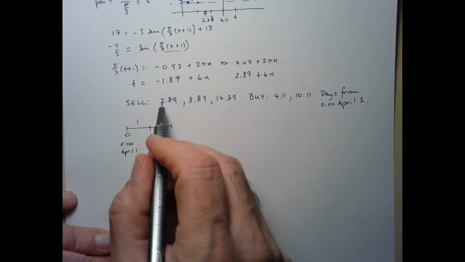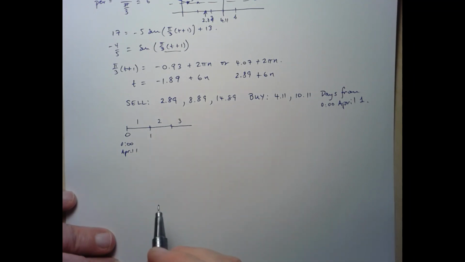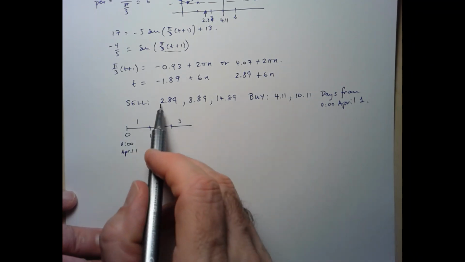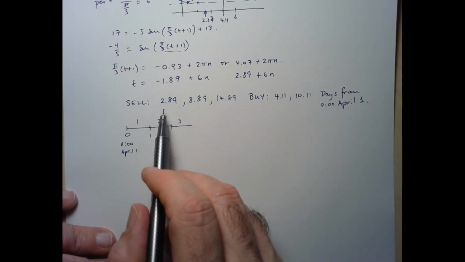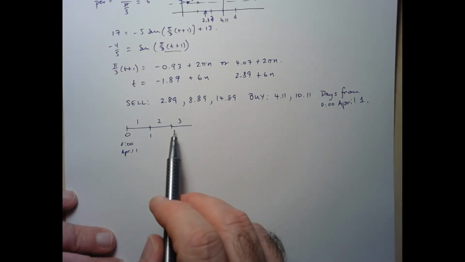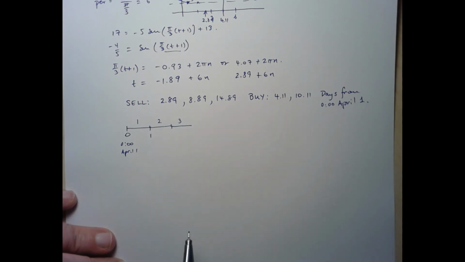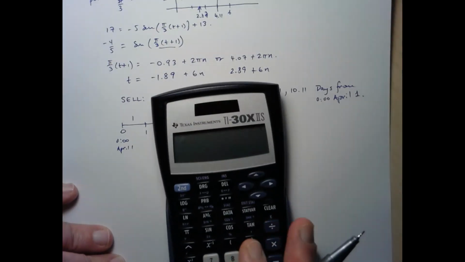So my first answer, 2.89, is actually going to occur somewhere on April 3rd, because the first 2 days of April have expired, and now I'm into the third day, which is April 3rd. So this is essentially telling us that whatever day we get here, the date is just going to be 1 more. Okay, so the only thing we have to do here is figure out what 0.89 of a day is.